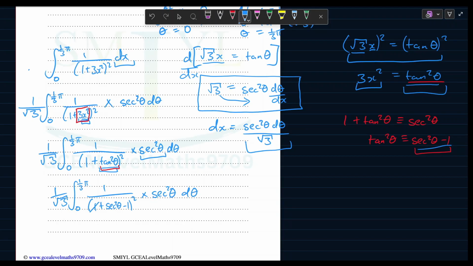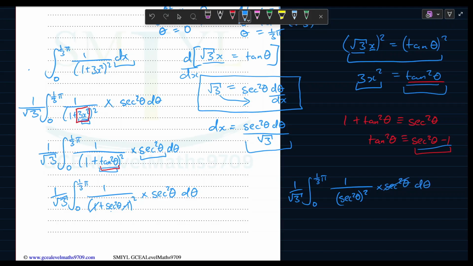Notice how 1 and minus 1 cancel out, so that what we end up with is 1 over root 3, the integral from 0 to a third pi, and now it's just 1 over sec squared theta squared. Okay, so I'll keep it like that, sec squared theta squared, and this is times sec squared theta d theta.